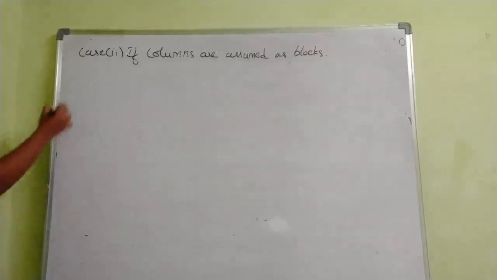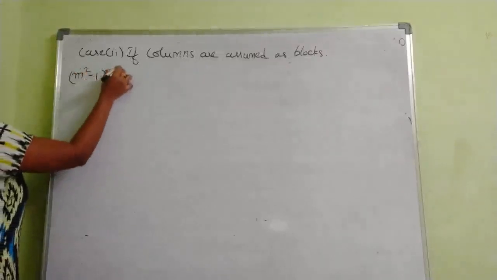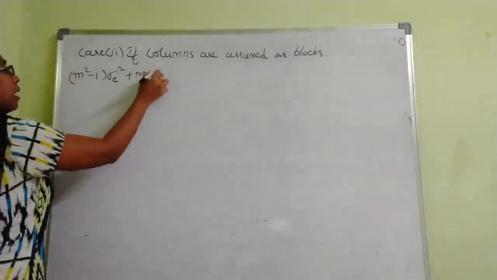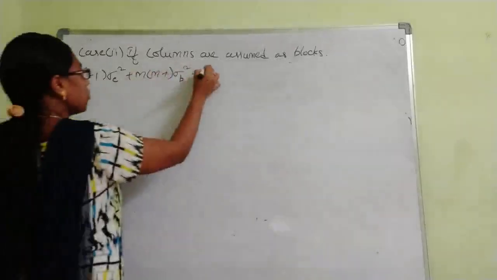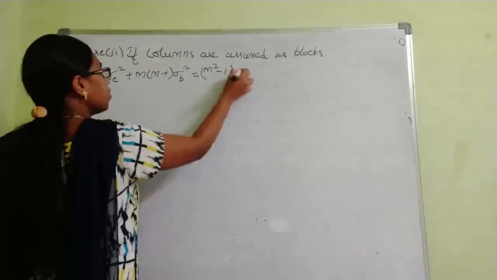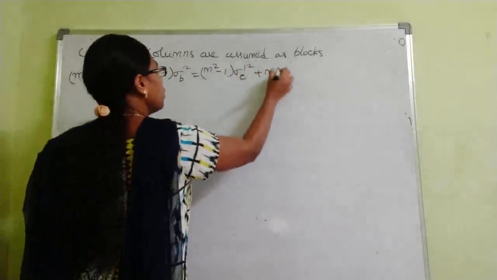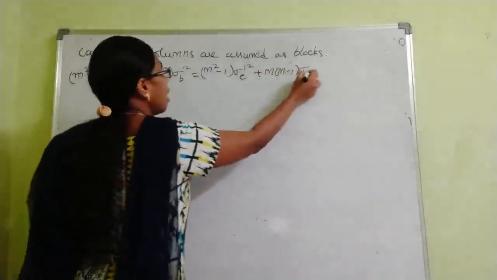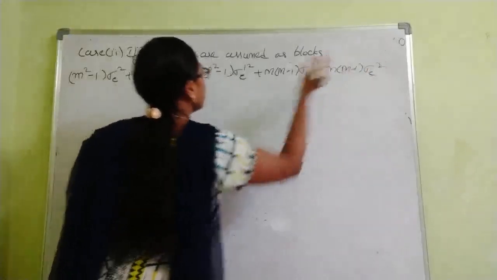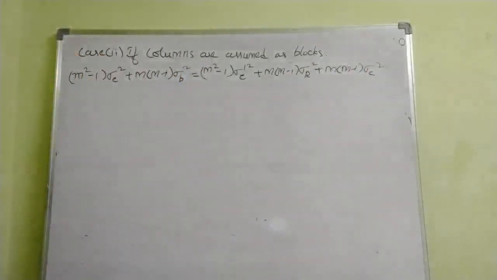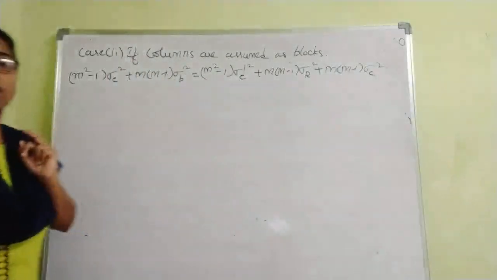On the left hand side we had m square minus 1 into sigma e square plus m into m minus 1 sigma b square, which is equal to m square minus 1 sigma e dash square plus m into m minus 1 sigma r square plus m into m minus 1 sigma c square. Here columns are assumed as blocks, so in place of sigma c square we write sigma b square.